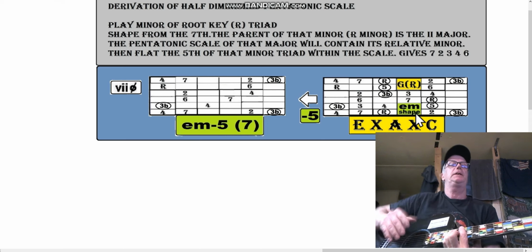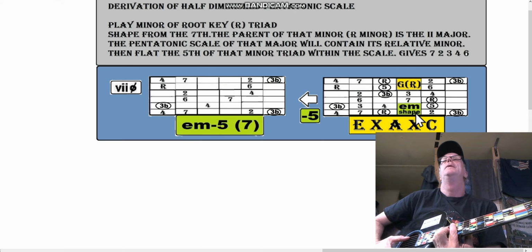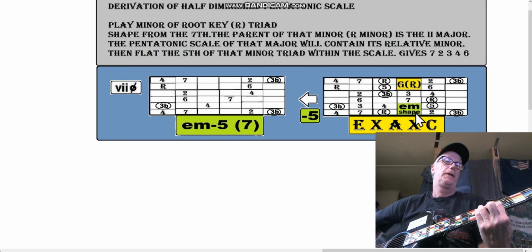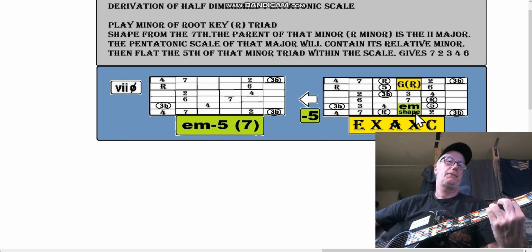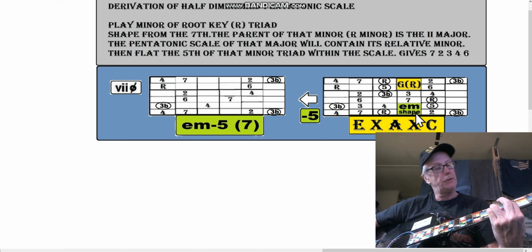That doesn't mean E minor necessarily, because remember, if you're in the key of E and you drop down a half step to the 7th and play an E minor shape, you're not playing an E minor.